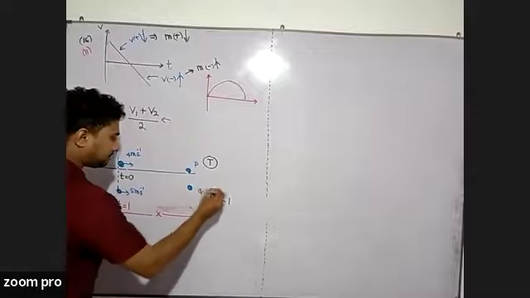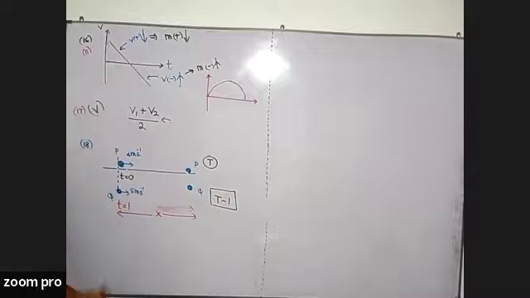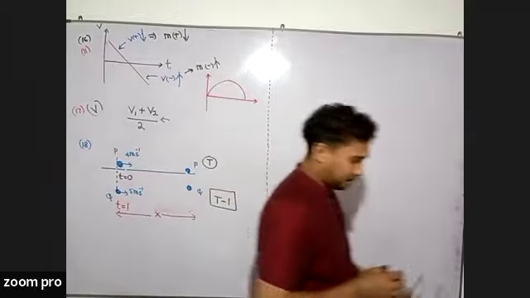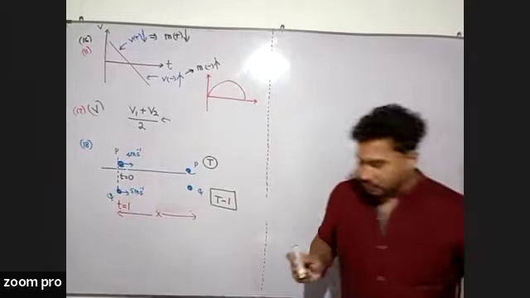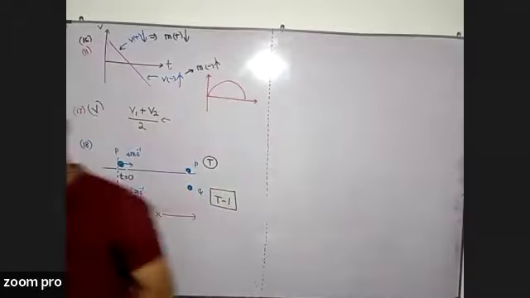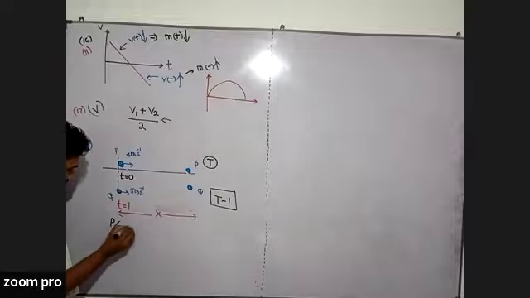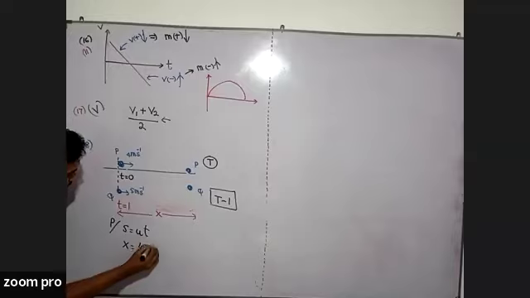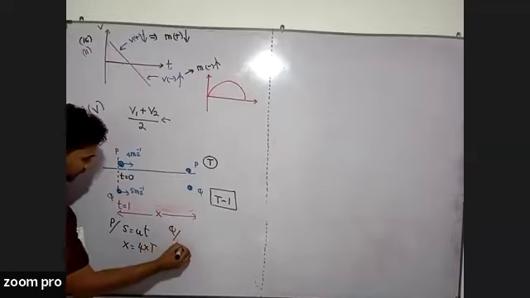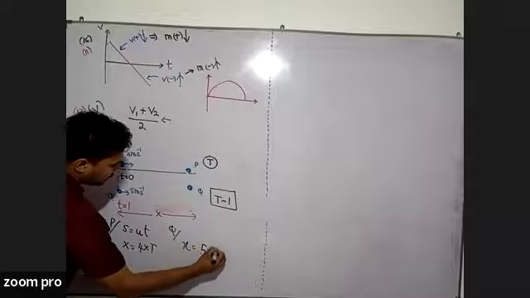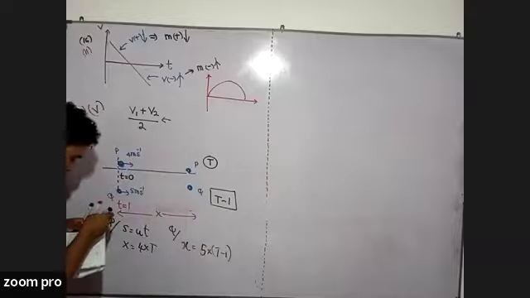This is the thing that you need to highlight, the time. Now they are moving at constant speed, so we can apply S equals ut for both objects. For P, it is 4 into T. For Q, x equals 5 into (T minus 1).